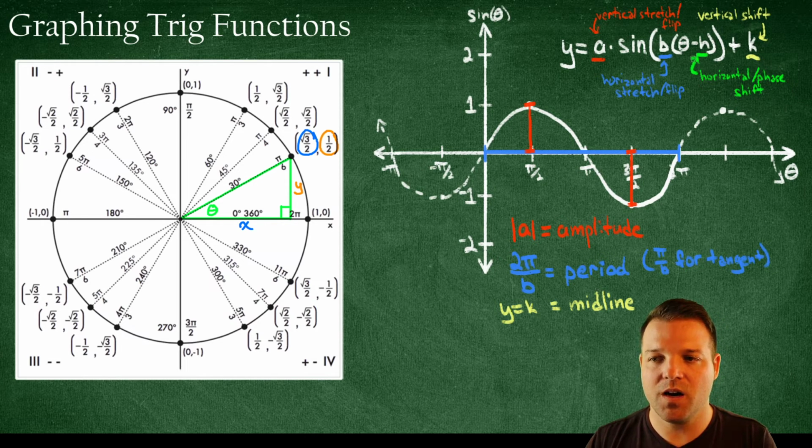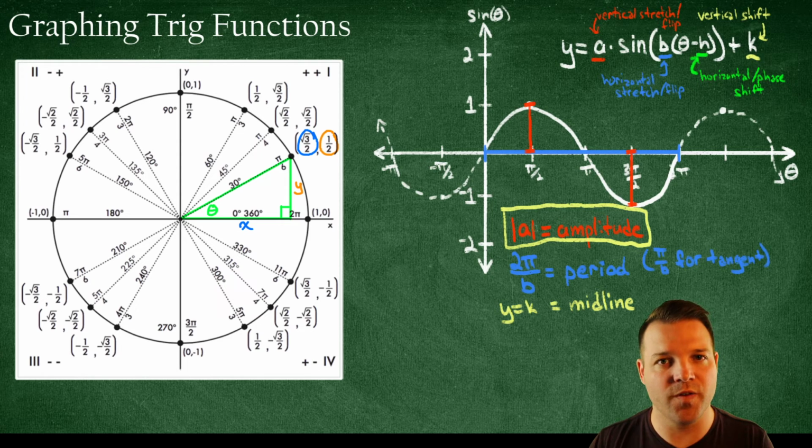Okay. Now these all have your normal relationships in any function, right? These apply the exact same transformations no matter what. But we can use these in trig functions to actually calculate certain things. For example, for sine and cosine, this a value is actually equal to the amplitude, and it's really the absolute value of a.